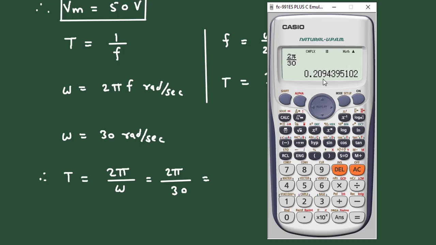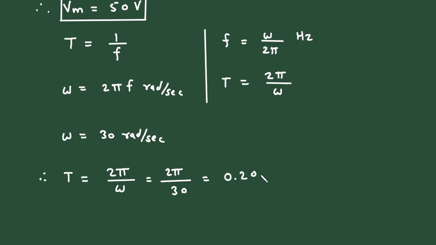It is 0.209, and since it is a time period, its unit will be second. So here we can write T is equal to 0.209 second.